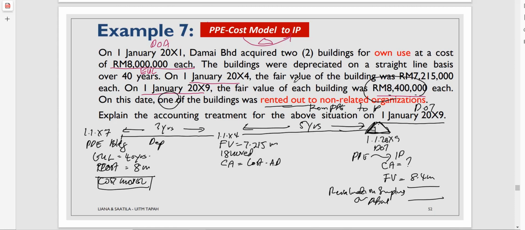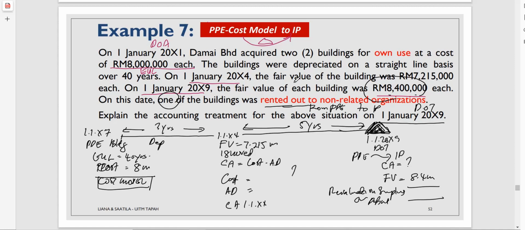This happened to be on the date of transfer, that is on 1st of January X9. So you need to find out what is the carrying amount here by taking cost and finding the accumulated depreciation, which is for the 3 years. After you have got that, you will be able to find the carrying amount on 1st of January X4.